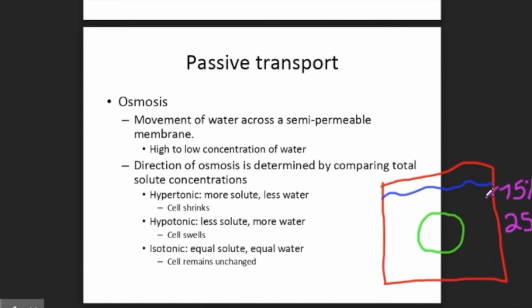So this is my area outside the cell. This is my solution. Okay, so let's say this is 80% solute again. 80% solute, and again, if that's 80%, that means it has to be 20% water, because 80 and 20 equal 100.